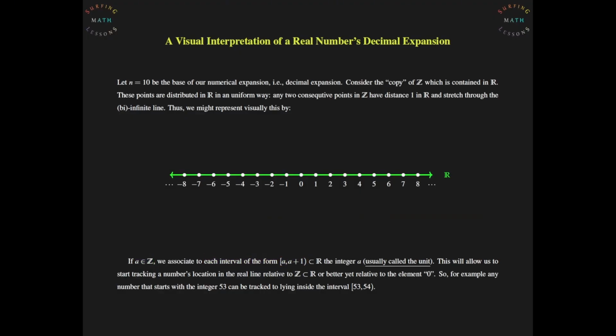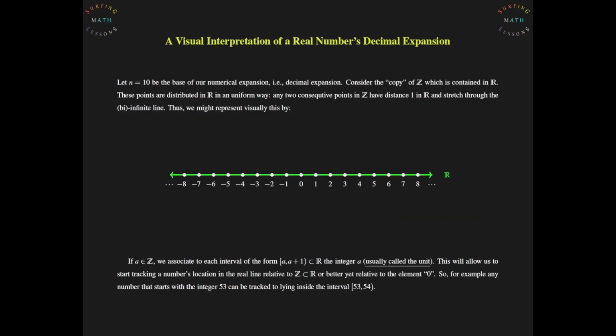This allows us to start tracking a real number's location in the real line relative to the integers, or better yet, relative to the number 0. For example, the element 53.3 lies somewhere inside the interval 53-54.